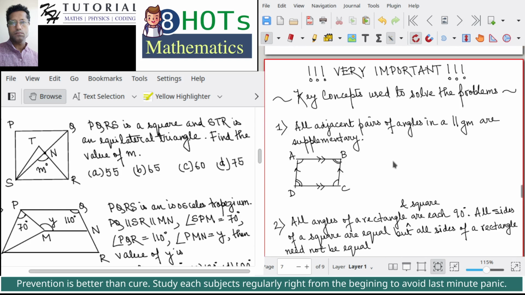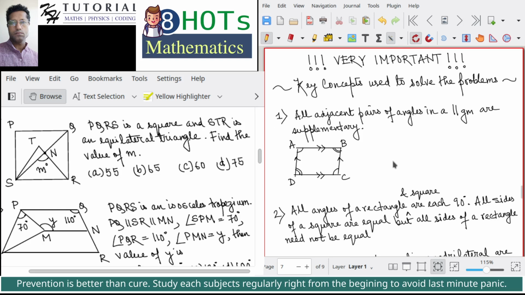The first concept is related to the first problem. We know that all adjacent pairs of angles in a parallelogram are supplementary. This is a very common property of a parallelogram. You must be very familiar with this.